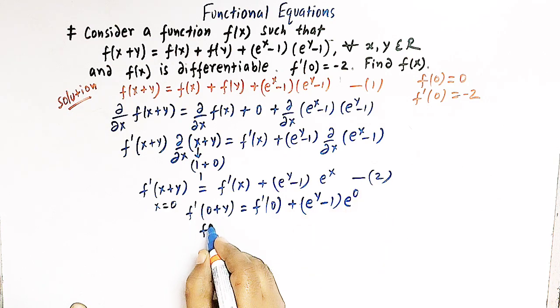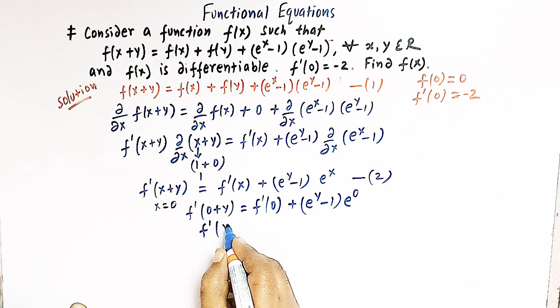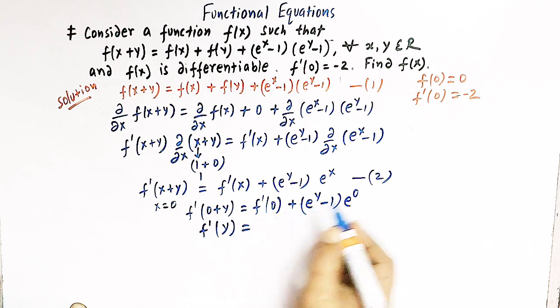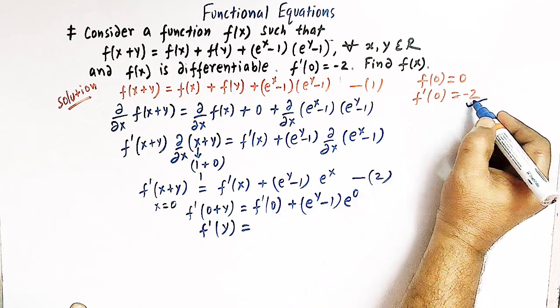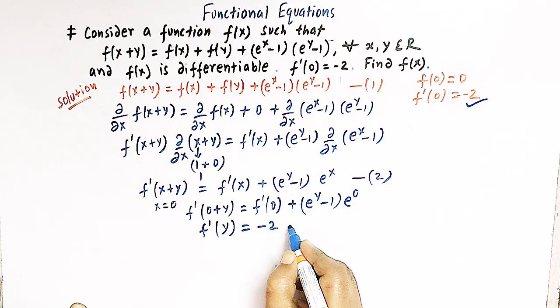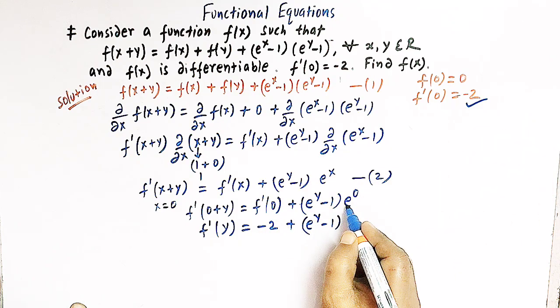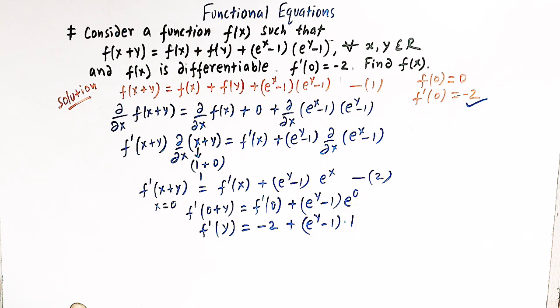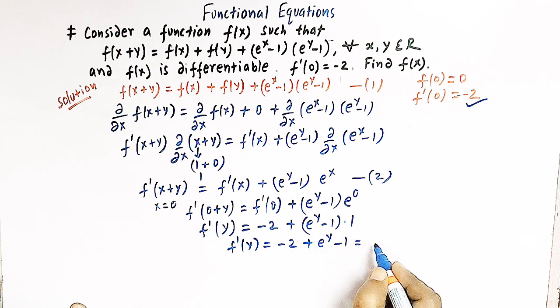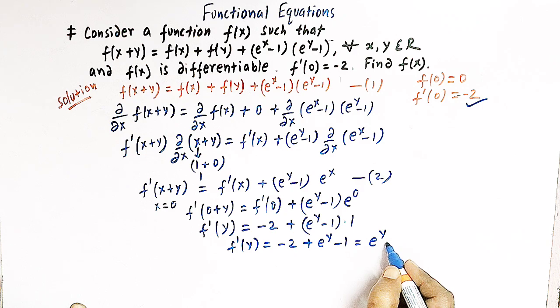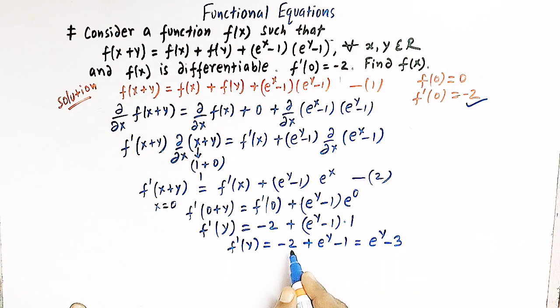Now f prime of 0 plus y is f prime of y, and f prime of 0 can be replaced by minus 2, and e raised to 0 is 1. So we have f prime of y is equal to minus 2 plus e raised to y minus 1, and that is equal to e raised to y minus 3. Minus 2 minus 1 is minus 3.